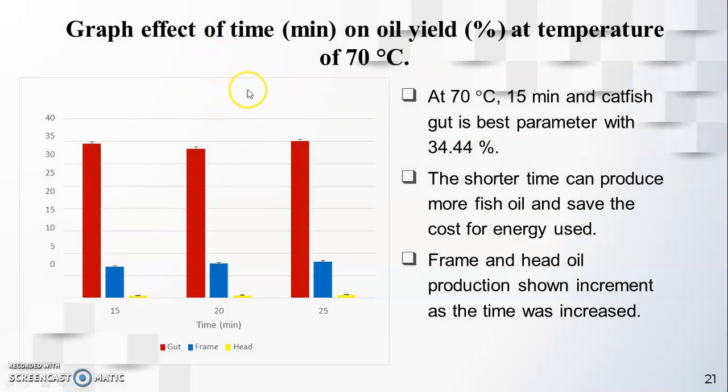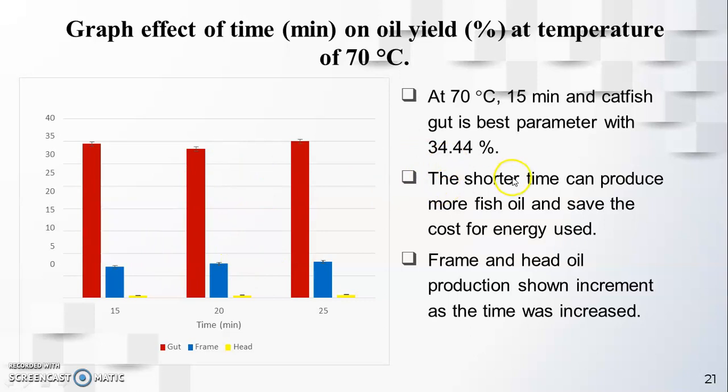Based on the first graph, which is the effect of time on oil yield at a temperature of 17, as you can see in the graph, at a temperature of 17 and a time of 15, catfish got the best parameter with 34.44% of oil yield.